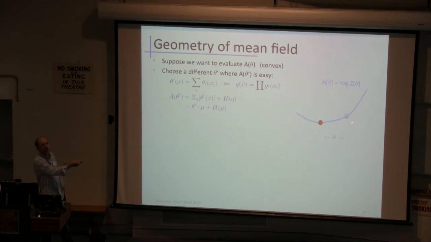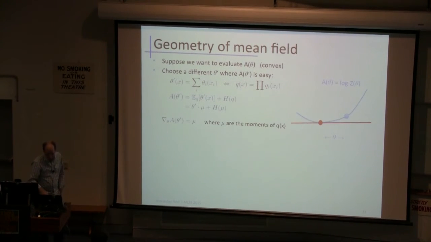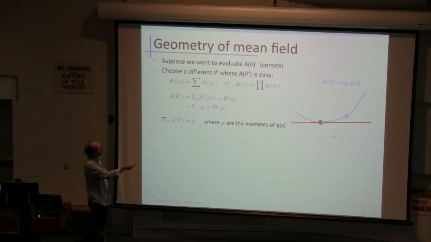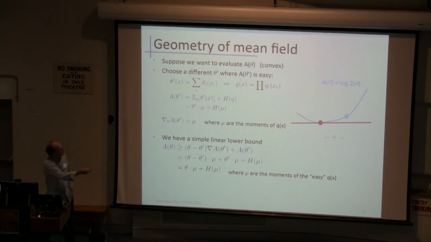And so it's easy to evaluate the log partition function. So this point is easy for us to evaluate. And the derivatives at this point, the gradient of this log partition function, are just the marginal probabilities of that model. So now we have the value at this easy to evaluate theta prime, and also the tangent plane at that point. And this gives us a very simple linear lower bound, which is mean field.